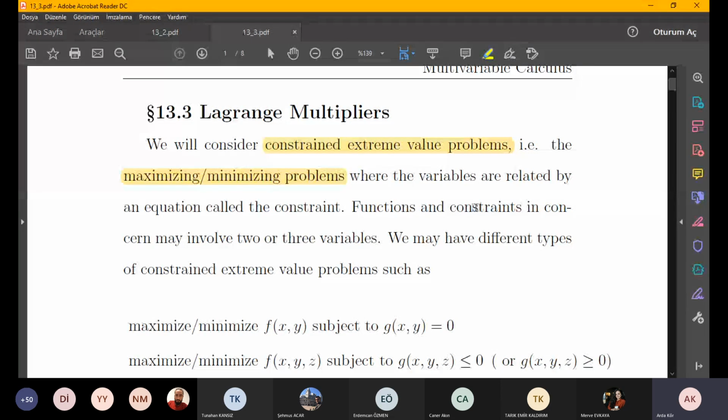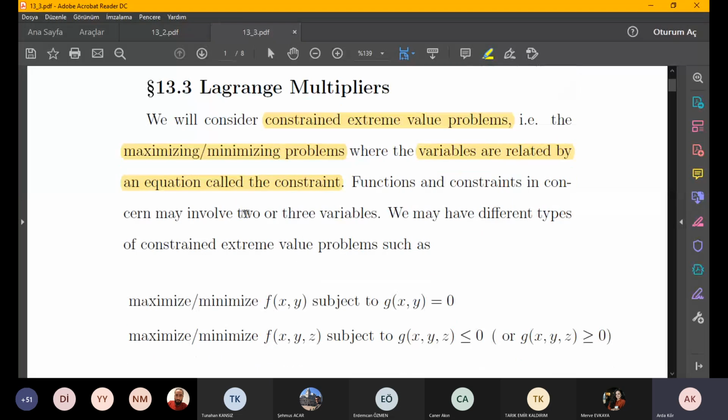Functions and constraints in concern may involve 2 or 3 variables, and we may have different types of constrained extreme value problems.